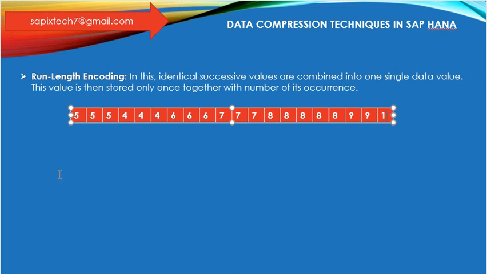Now, what actually happens in run length encoding? Successive values are combined into one single data value. So we have repeating records 1, 2, 3, 4, 5, 6, and 7.